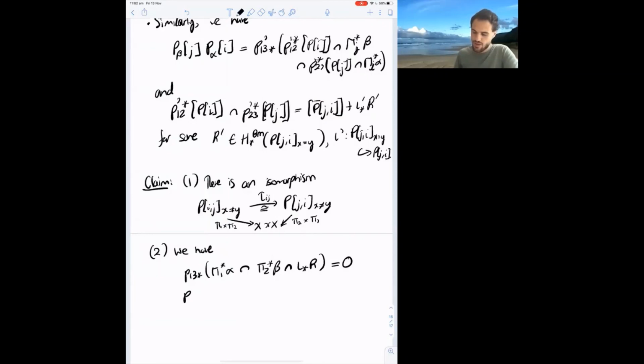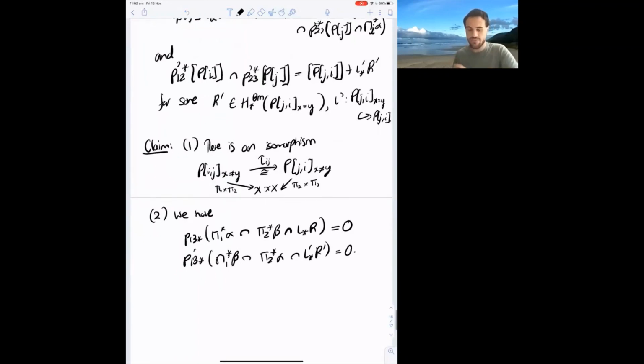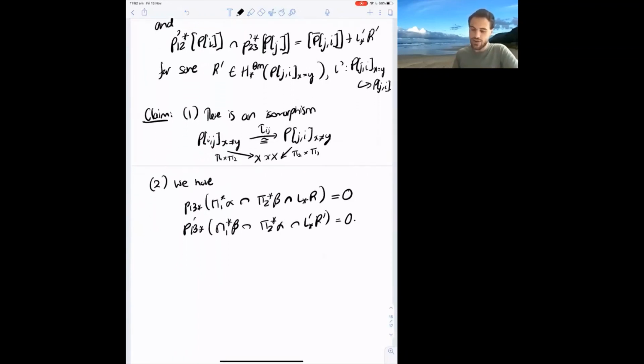And we also have the same for the other one. So this is equal to 0. So the point is that the content of claim 2 is that the lower dimensional contribution is nothing. And so now, because of this being nothing, you just care about what's the cost of swapping alpha and beta, right? So let me just say why, given the claim, we're done.